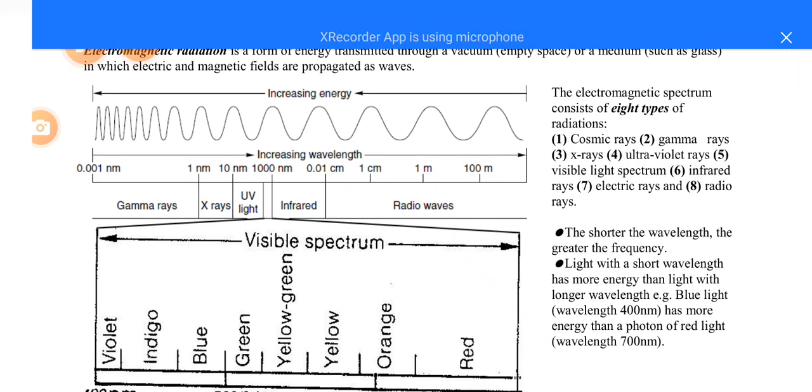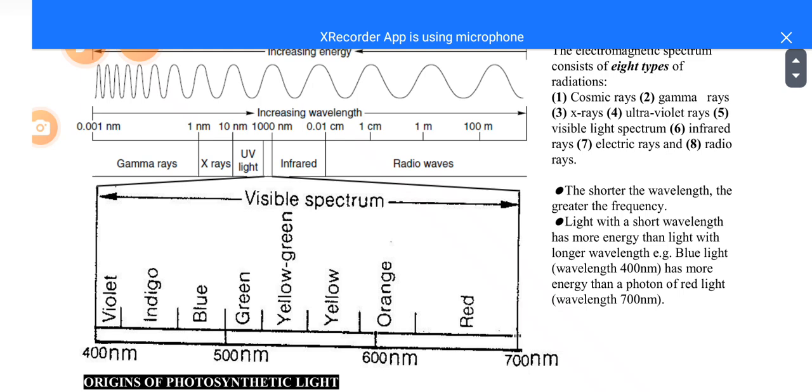So we are saying that the electromagnetic spectrum consists of 8 types of radiation. 1 is cosmic rays, 2 the gamma rays, 3 the X-rays, 4 the ultraviolet rays, 5 the visible light spectrum, 6 the infrared rays, 7 the electric rays, and 8 the radio rays.